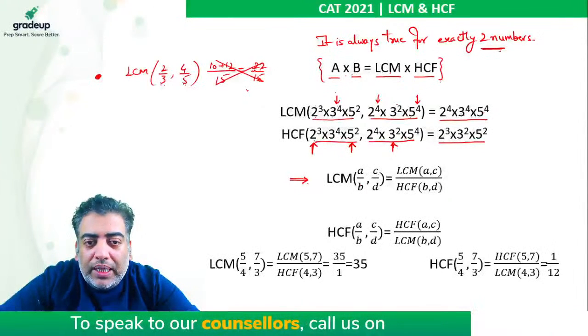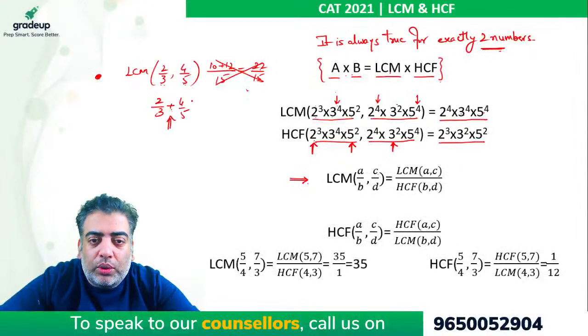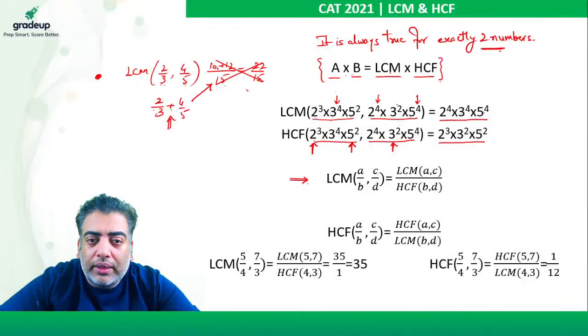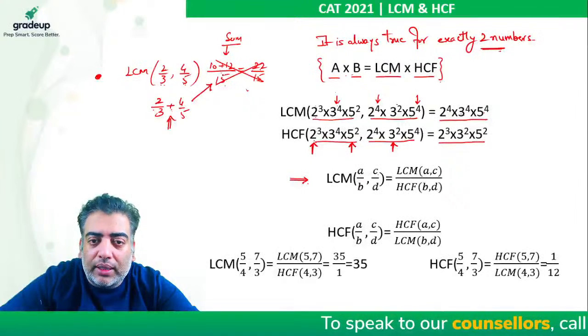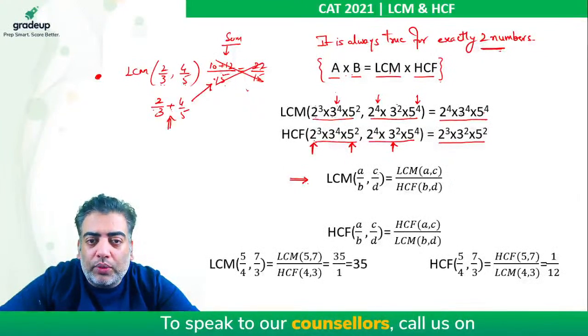This is wrong. Please keep in mind there is no plus sign here. If there is a plus sign, then we do these steps to find the sum of these two. This method is to find the sum of fractions and not LCM. So please do not follow this.